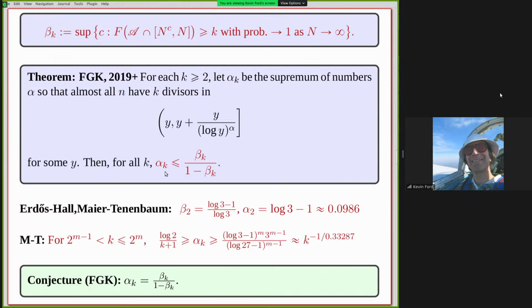Okay, so one of the theorems we prove is that there's an upper bound on alpha k. Again, we want to make alpha as large as possible here. We actually conjecture equality here, but we are unable to prove that at the moment. There's something amiss here.